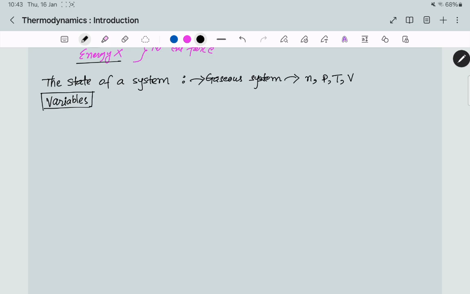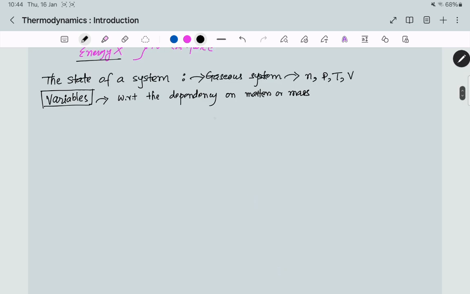We will generalize with respect to the dependency on matter or mass. All the variables which will depend on mass and which will not. Clear? So with respect to that, we will divide the variables into two types.